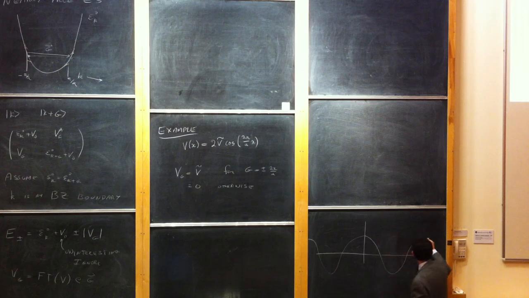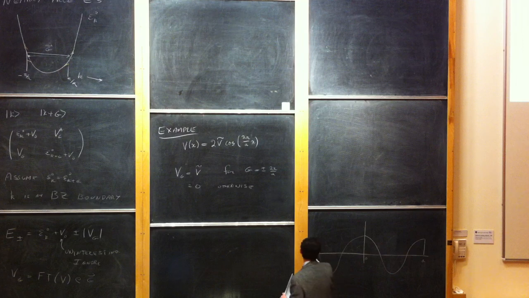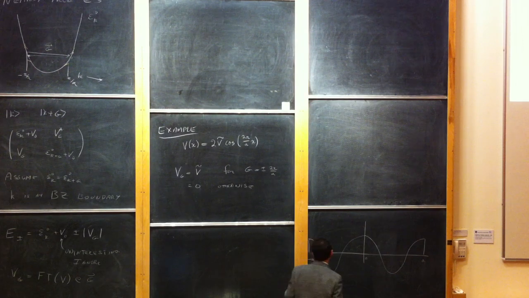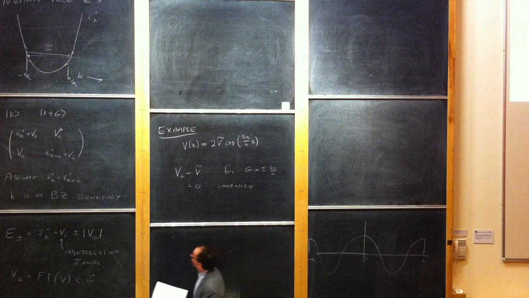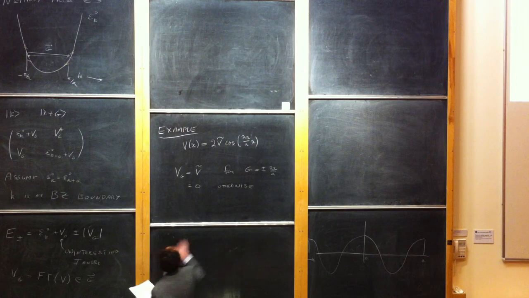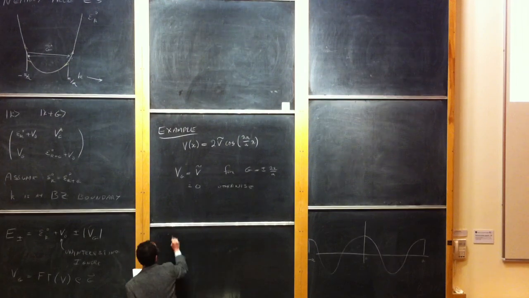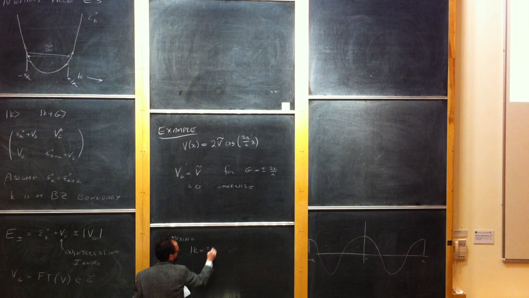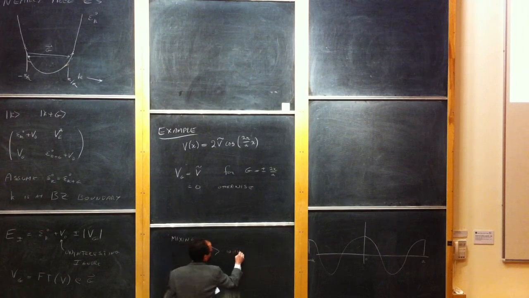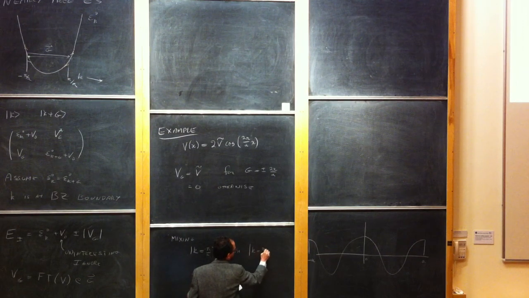So this point here is 0, this is minus a over here. Nice periodic cosine potential. And we know that what we're mixing together with this potential is k equals minus pi over a with k equals pi over a.